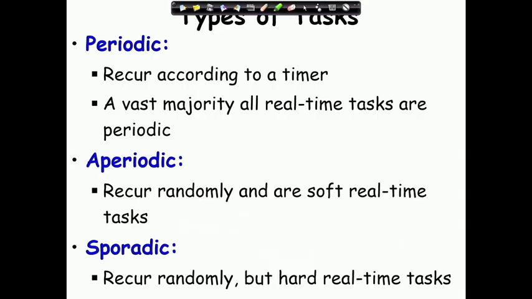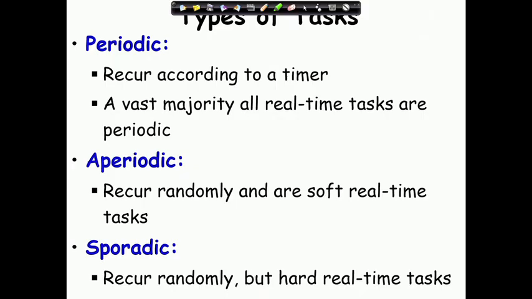So, when the operator will give a command is not known. It can be any time, it can be random, and also the response to this command is basically soft real time. Once the user gives the command, it may take several seconds and there is no hard deadline by which it needs to do it.